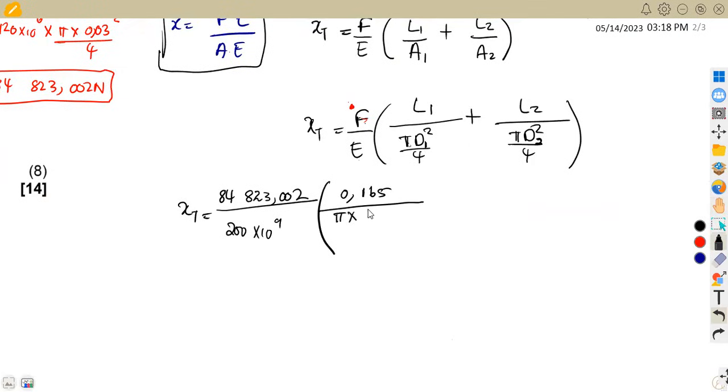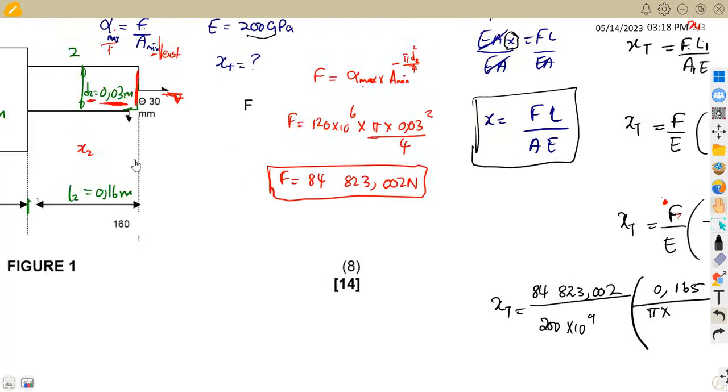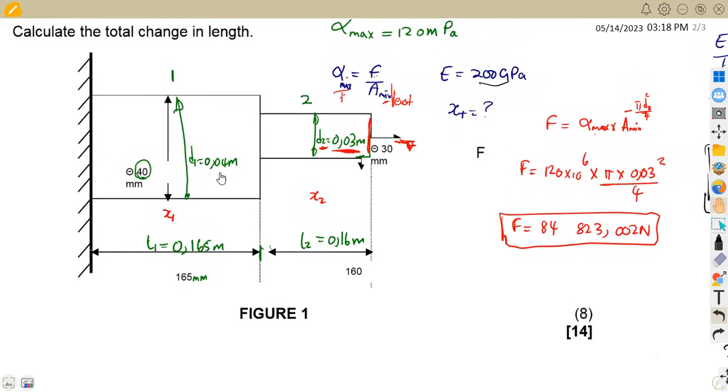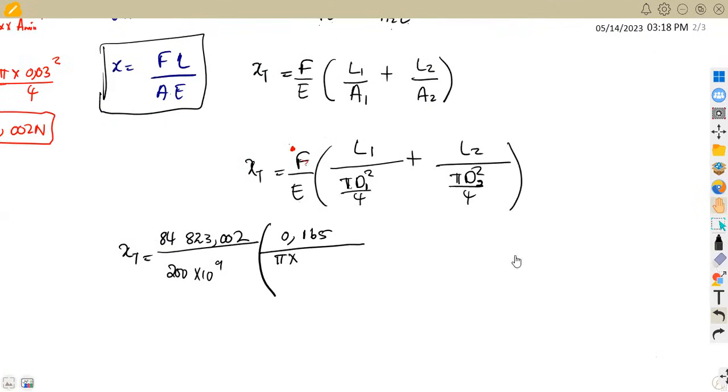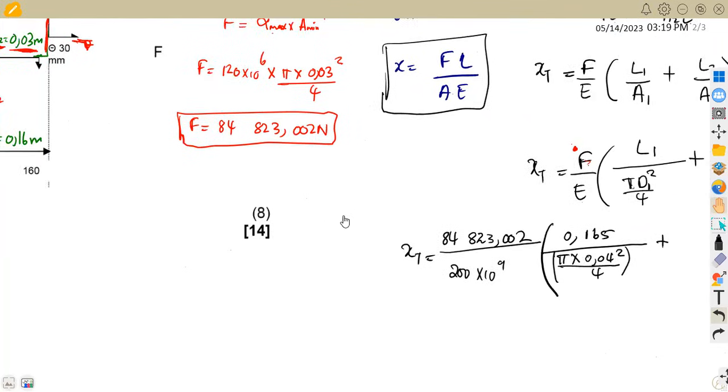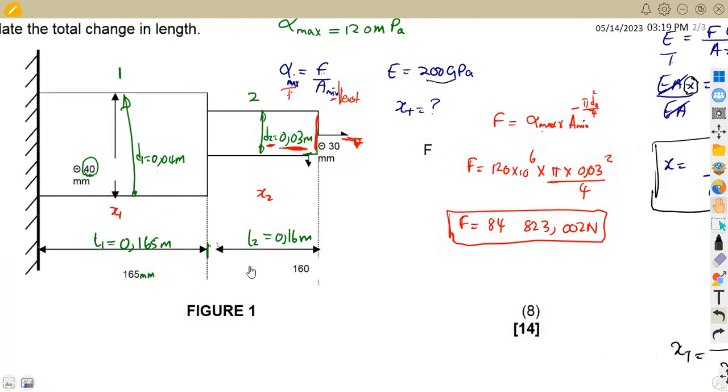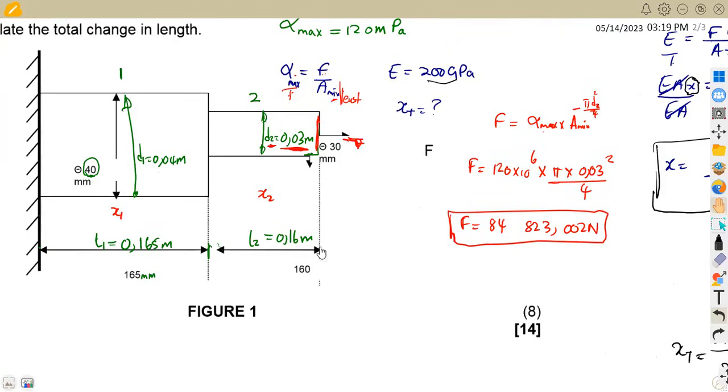So it's going to be pi times the diameter of the first part. The diameter of the first part in this case is 0.04. So that's 0.04 squared over 4. So this gives us the area of the first part, okay, plus L2, which is the length of the second part from our diagram here, the second part is having a length of 0.16 meters.